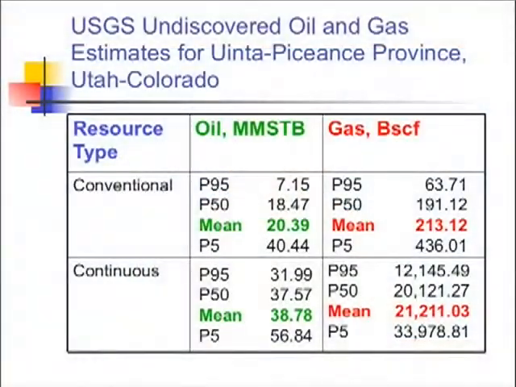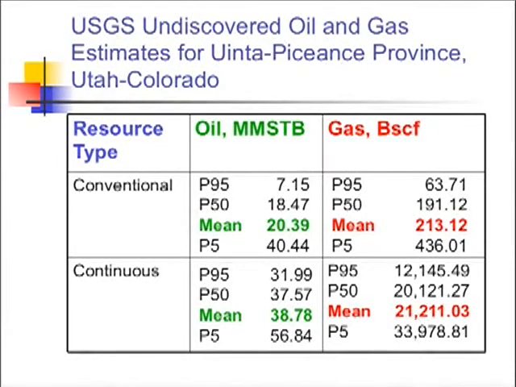All right, the USGS study team then applied this approach to the Uinta-Piceance basins, as I've said earlier, and came up with some results for hydrocarbons that have not yet been discovered, but which are part of our potential resource for the future. And I've divided this into oil and gas and conventional and unconventional.